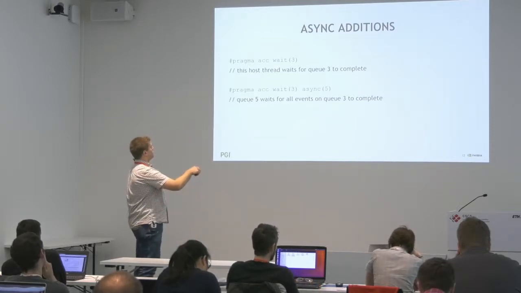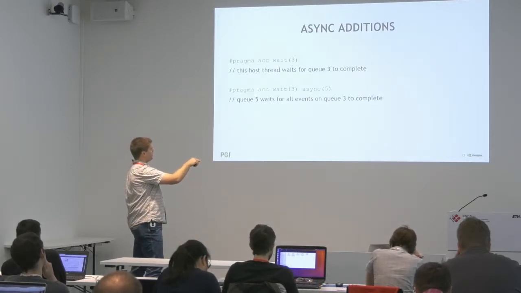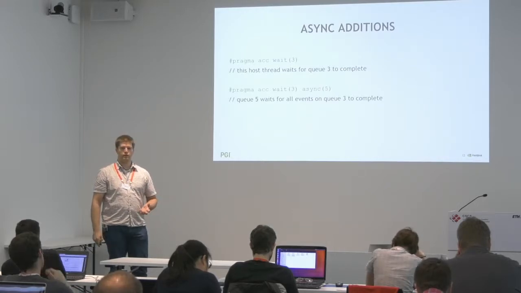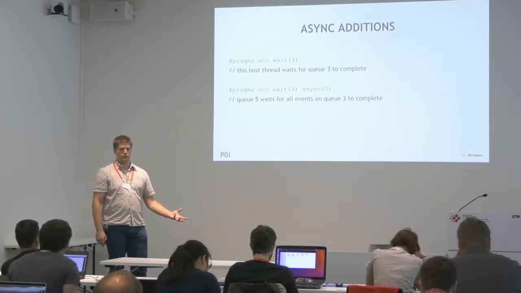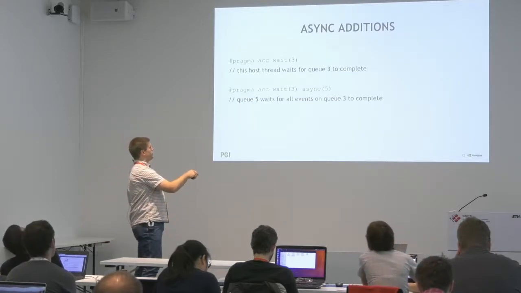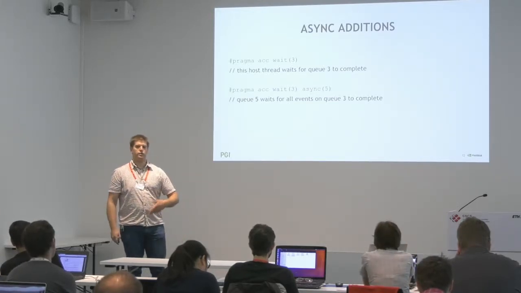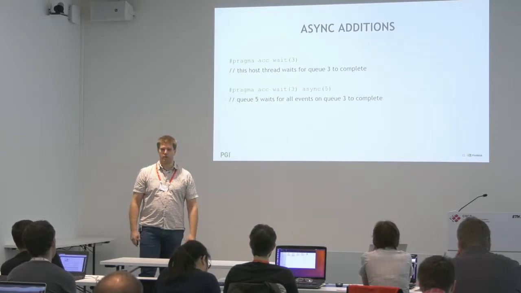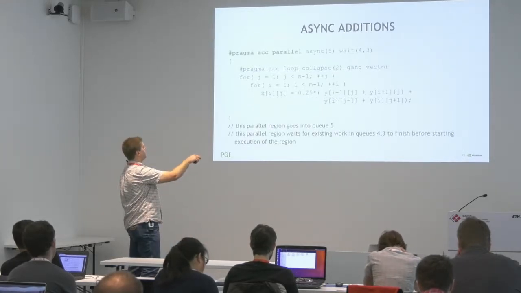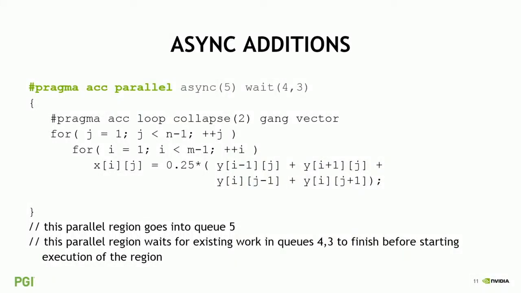So in these cases, the actual thing that happens is a wait directive, and we can specify which queue we want to wait on, specifically just some queue number instead of all of them, and we can also put that wait operation into a given async queue. Yeah? Or we add that to our actual kernel. You can express it either way.